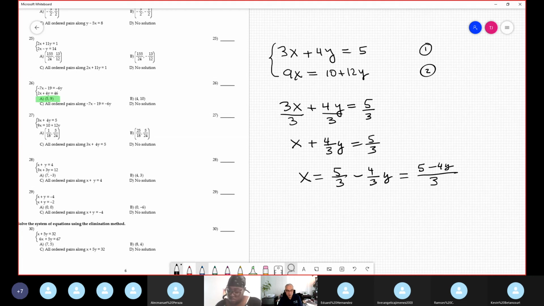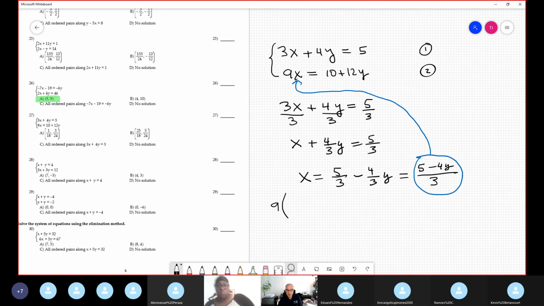Okay, so this expression, substitute it into the second equation in the x place. So we have 9 times something is equal to 10 plus 12y.